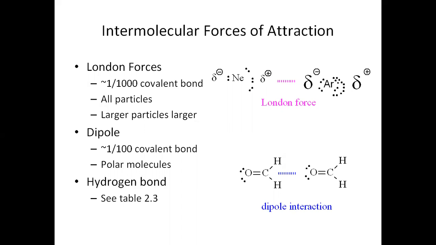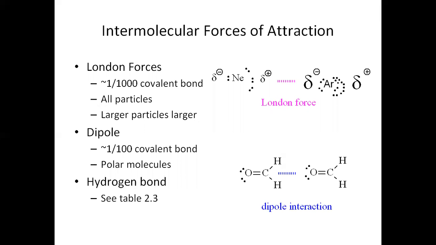Whichever name they go by, London forces are the weakest force of interaction between molecules and are about 1/1000th as strong as a covalent bond. Another characteristic is that the larger the molecule, the larger the London force, and I've demonstrated that on this figure by showing that if we have a larger atom, there can be more electrons on one side of an atom, which gives it a larger partial positive charge.